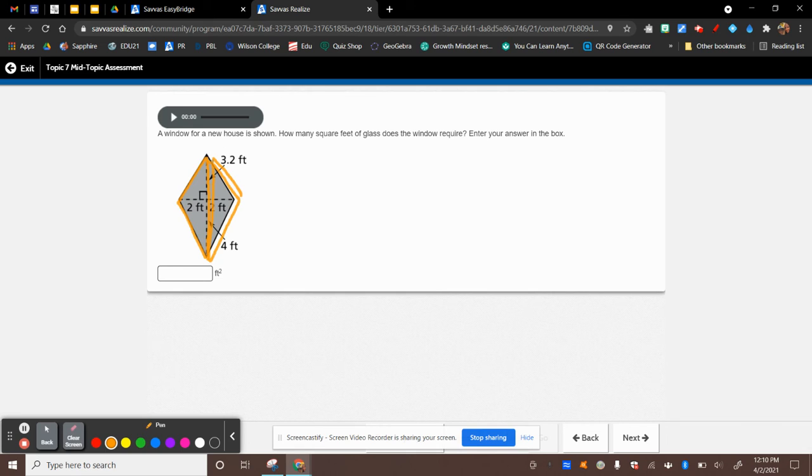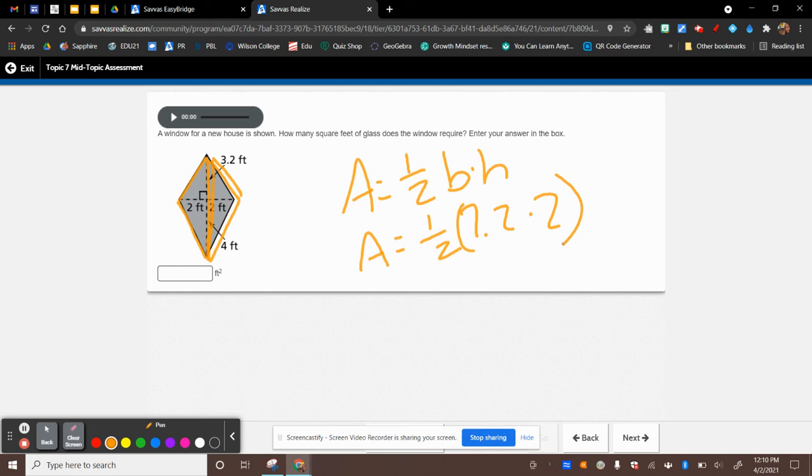So we're going to find the area of one, and we can double it. The area of a triangle is 1/2 base times height. So the area is 1/2. My base is 4 plus 3.2, so 7.2. The height is 2. So if I take 7.2 times 2, I get 14.4.